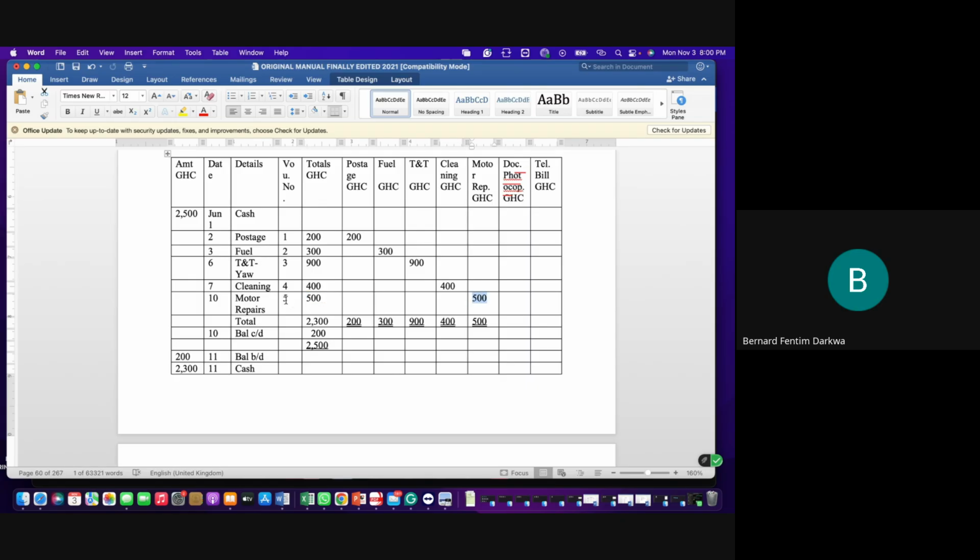You have spent a total of about 2,300. If you add this price, by recording this 10th transaction, you are spending 2,500.